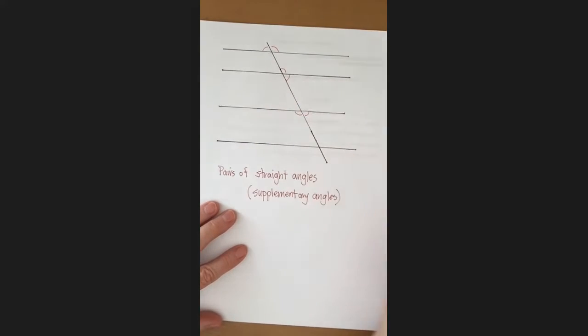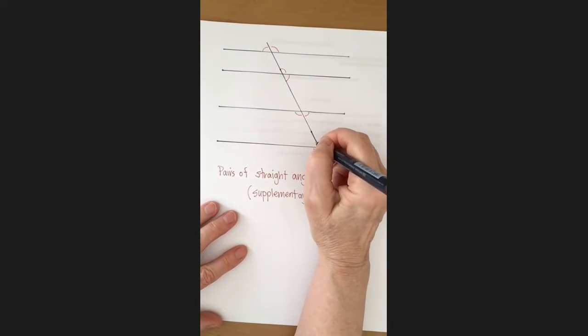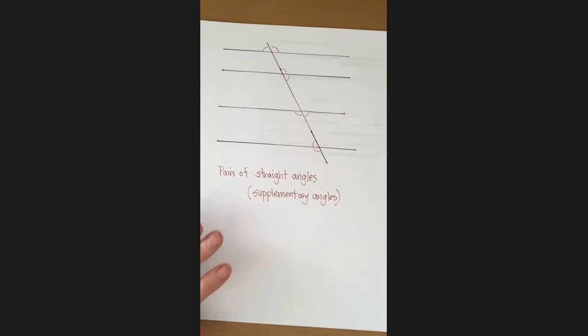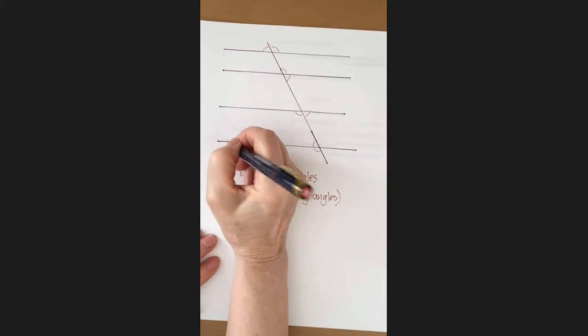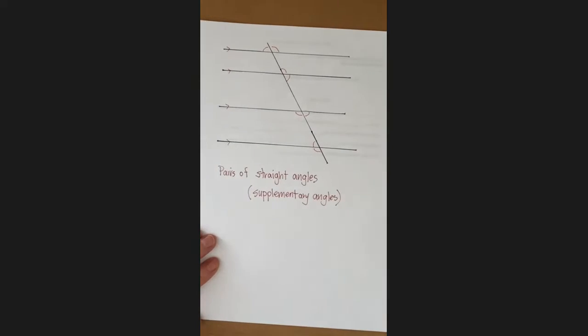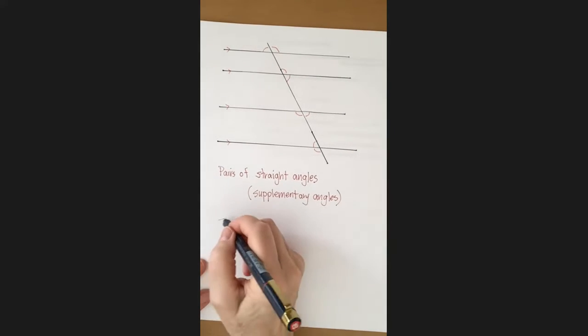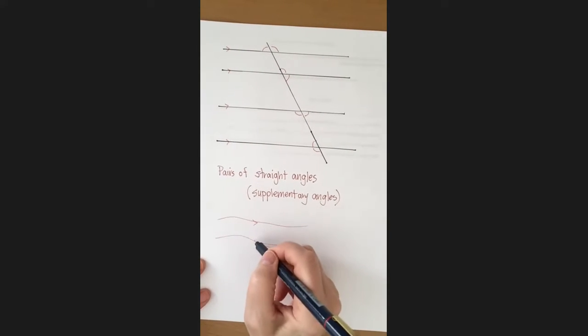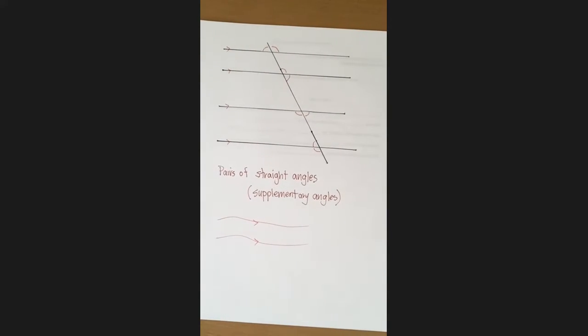These two angles equal 180 degrees. And these two angles equal 180 degrees. Now, I meant to put my arrows on here just in case these weren't perfectly parallel. I didn't measure carefully. But remember that when we use notation, you put that arrow on two lines, even if they look like this, and that means they're parallel lines.